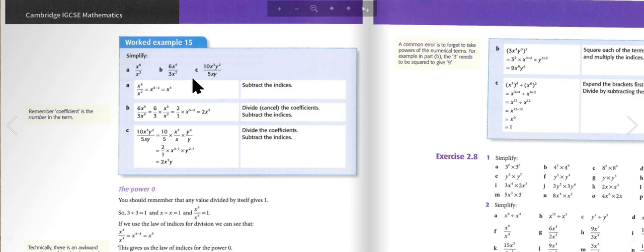So for the first expression, you subtract the indices. In the second one, you divide or cancel the coefficients, and then subtract the indices. And the same for the last expression.